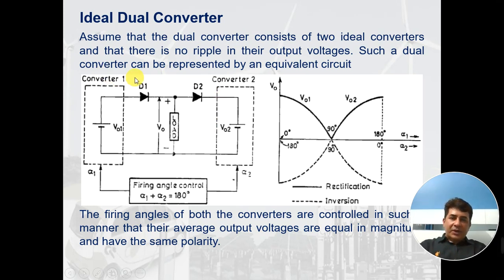If this operates as rectifier, this will operate as inverter. So the operation of these two will be opposite. Then only the voltage will be positive. You can see this V02 is giving a positive voltage from 90 to 0 degree, while V01 is giving a positive voltage from 0 to 90 degree.